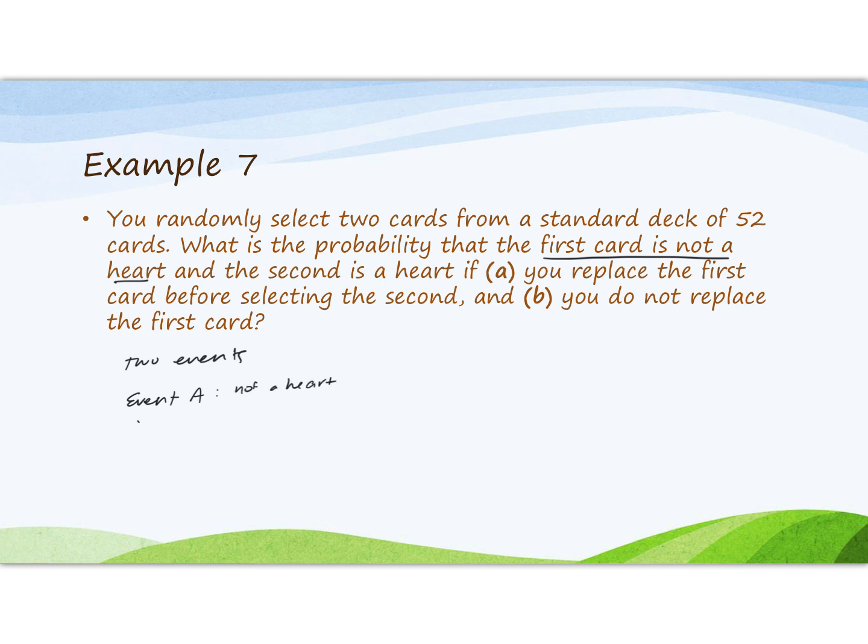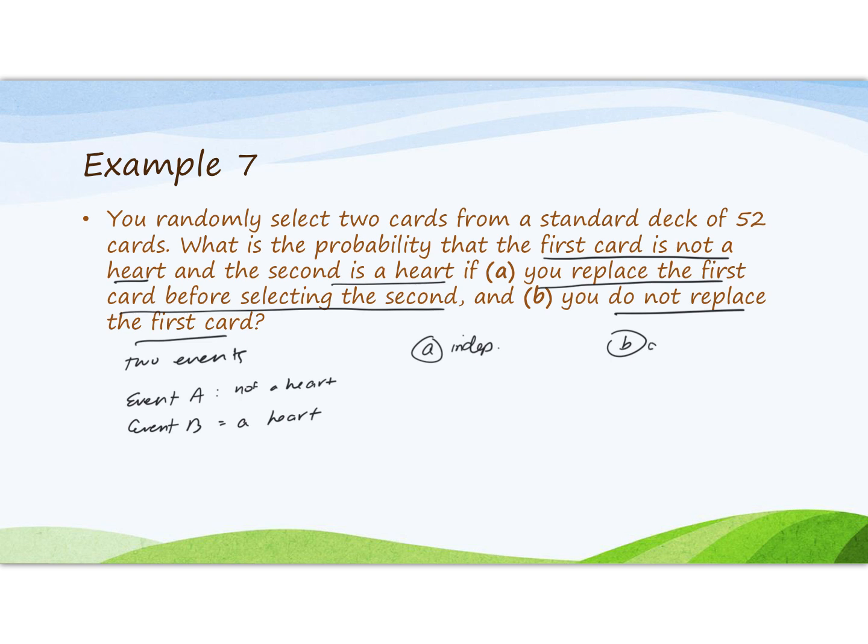And the second, event B, is that the second is a heart. Now, again, we've got to figure out, is it dependent or independent? Notice in A, it says you replace the first card before selecting the second. So in the first one, these are independent events. In B, you do not replace the first card, so these are dependent events, okay?